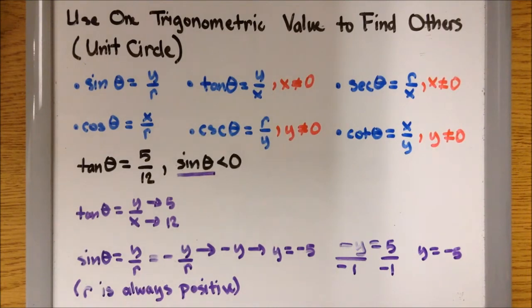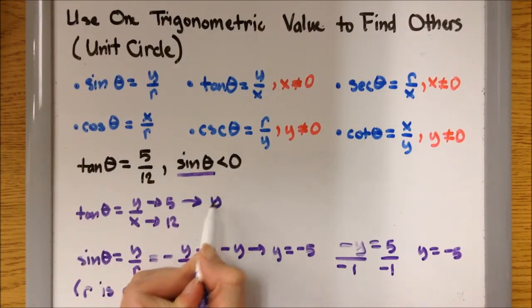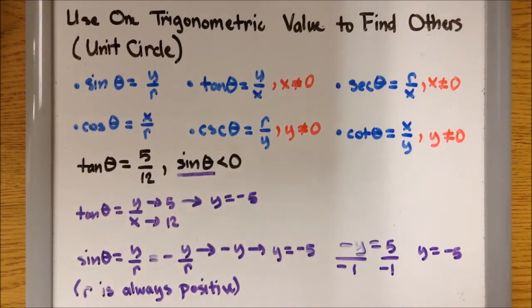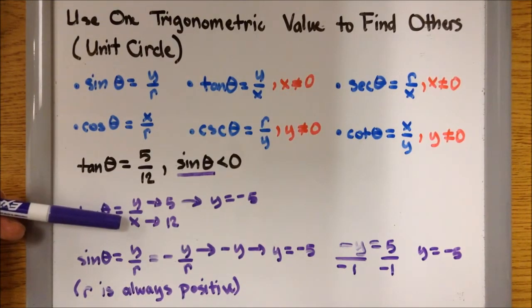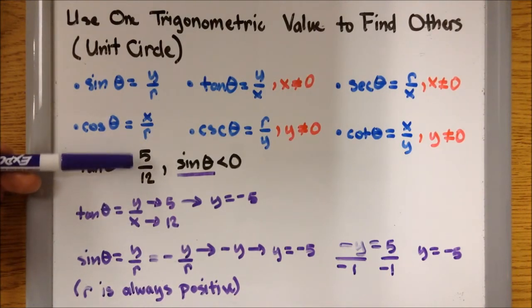Alright, so that's another piece of information we just figured out, that y is negative 5. But here's the thing, we gotta go back to tangent theta, where it's y over x, but the value of it was a positive 5/12.